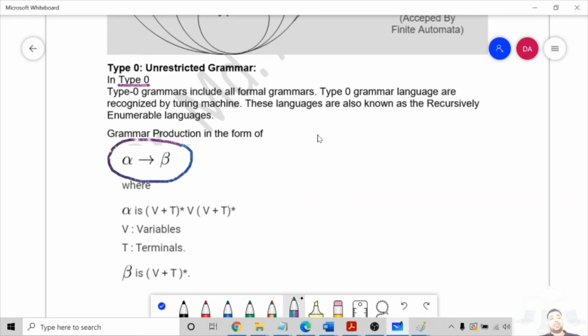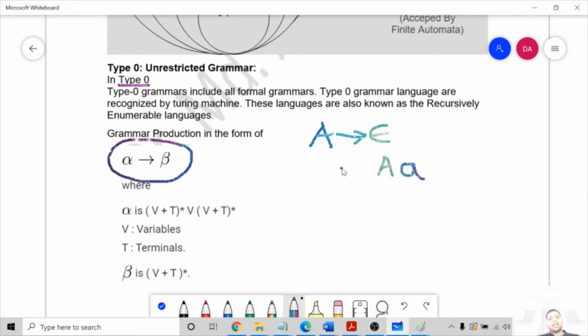It means your left hand side must have at least one non-terminal, and on the right you have either no string, like epsilon, or any number of terminals and non-terminals.